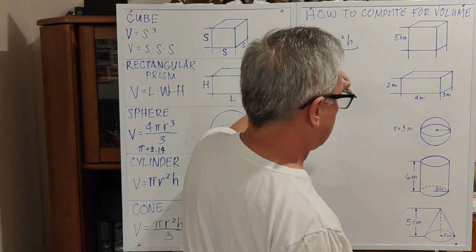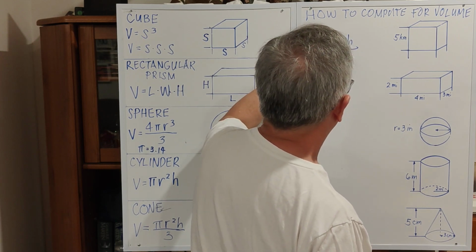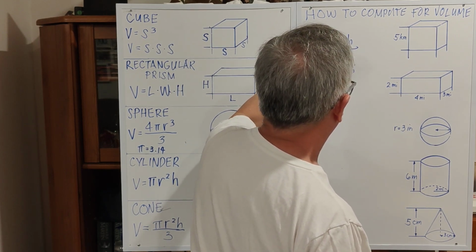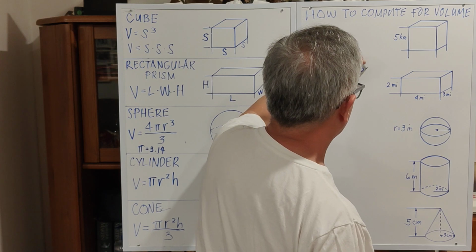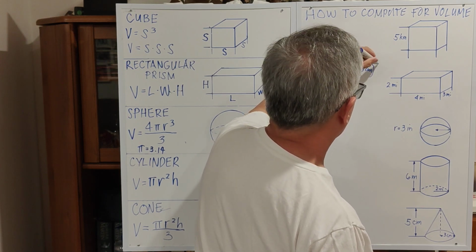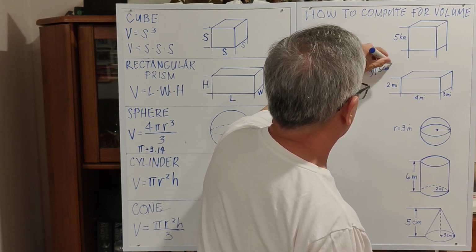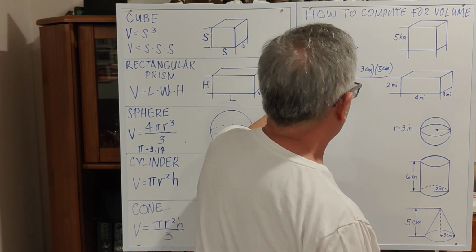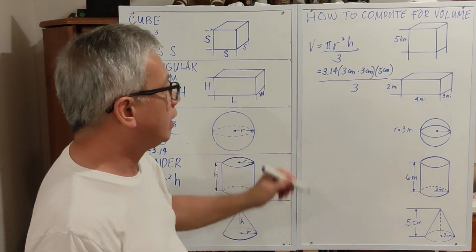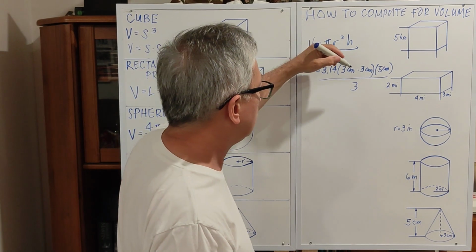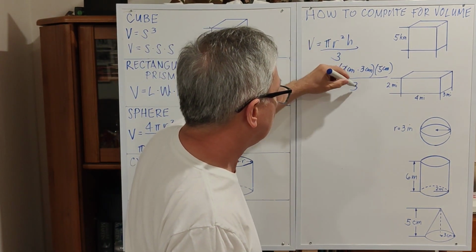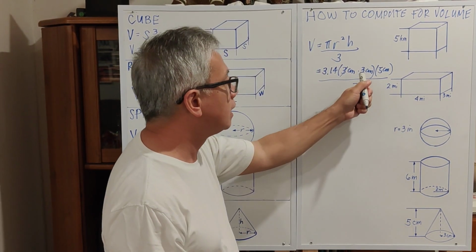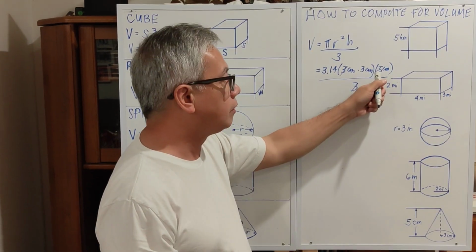R is 3 centimeters times 3 centimeters times the height, 5 centimeters, divided by 3. We can cancel 3 and 3. What we have left is 3 times 5 is 15.